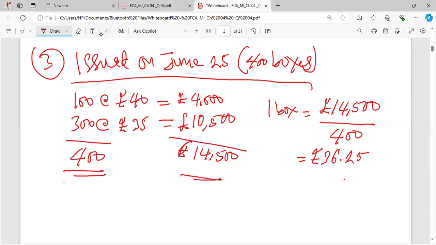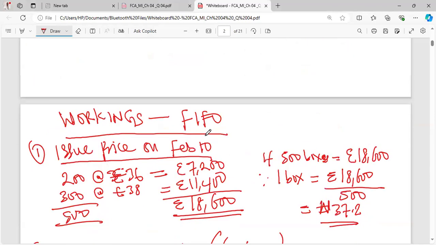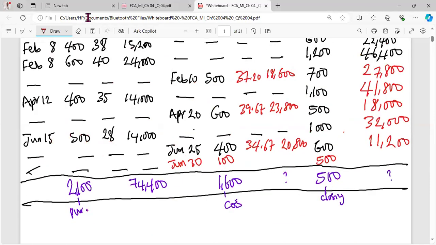So we'll replace this with 36.25. This is 14,500.